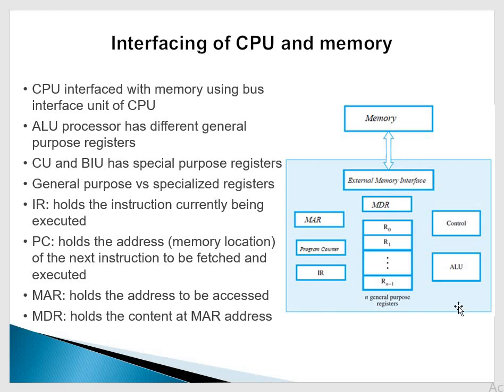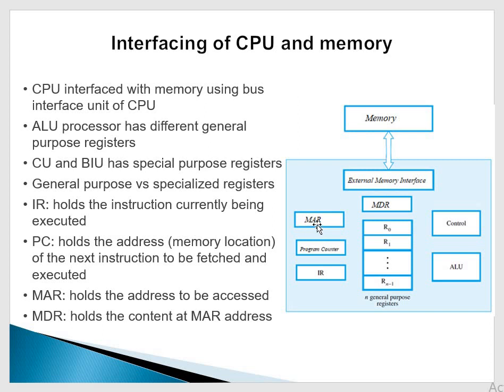Broadly, in this diagram we can see that the processor has a bus interface unit. The role of the bus interface unit is to establish the link between the processor and the external world, which may be a memory or IO devices.